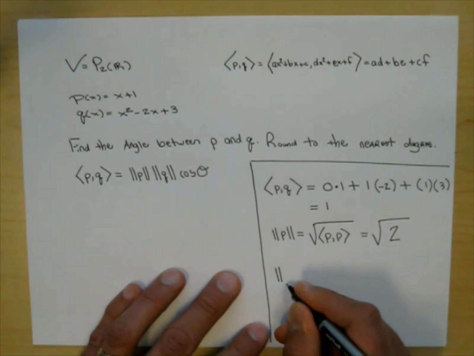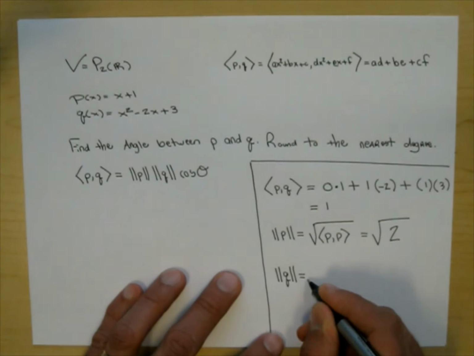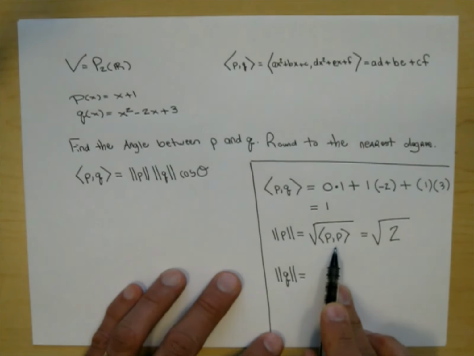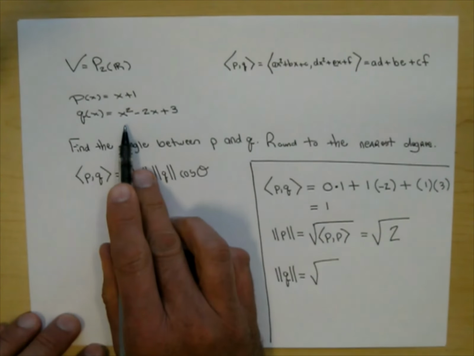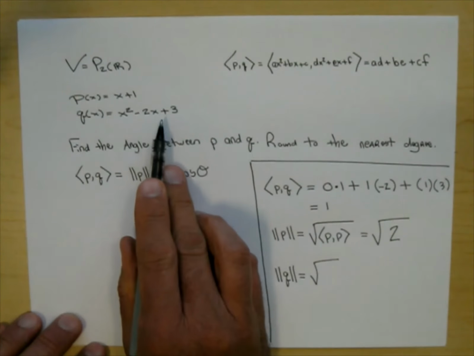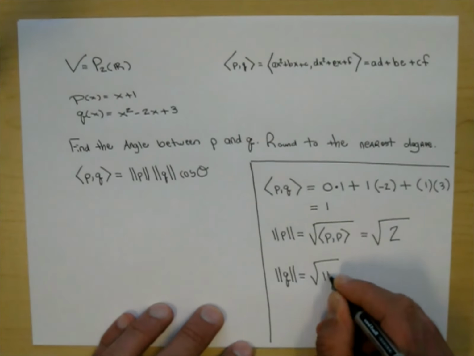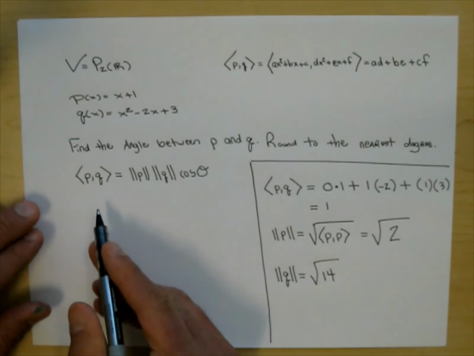The length of Q is going to be the same thing, except there would be Q's there. And so I'm going to say the square root of 1 plus 4 plus 9. So this is the square root of 14.